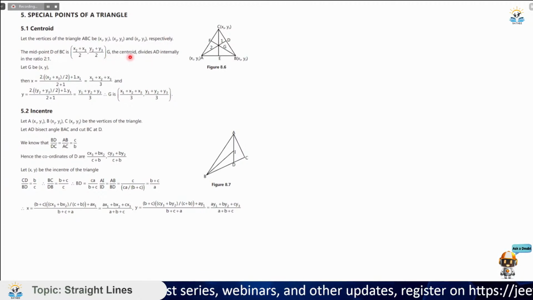G, the centroid, divides AD internally in the ratio 2:1, so this is known as the centroid.